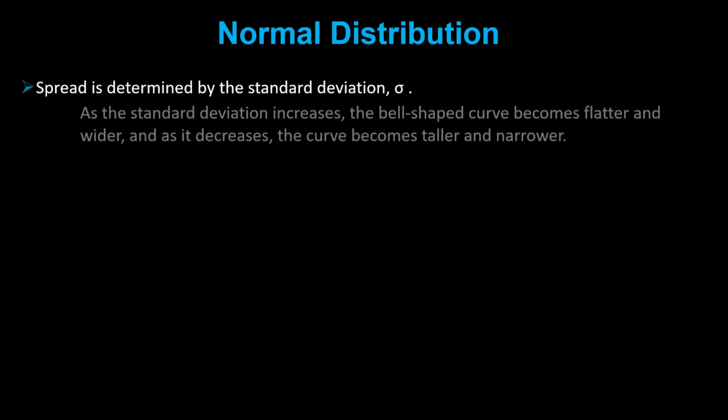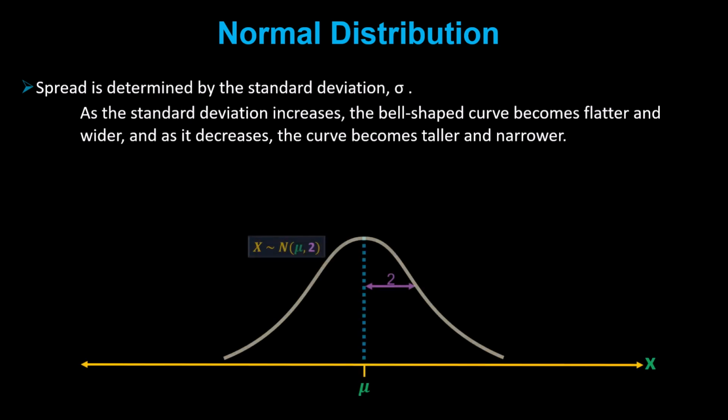How about the sigma? Yes, spread is determined by the standard deviation sigma. As the standard deviation increases, the bell-shaped curve becomes flatter and wider. And as it decreases, the curve becomes taller and narrower. Let me show you here.